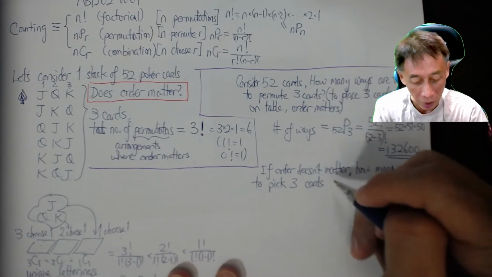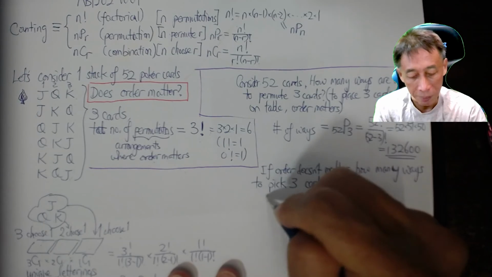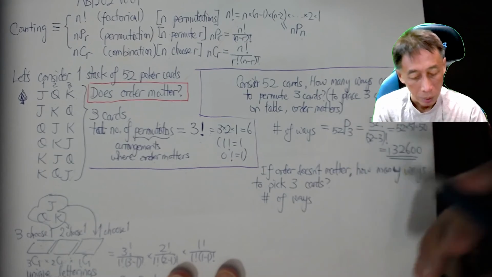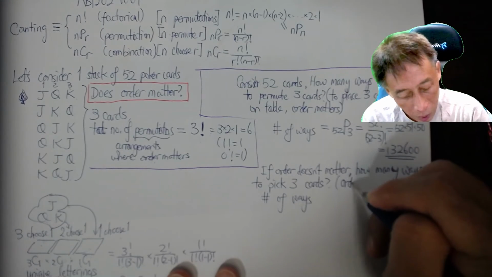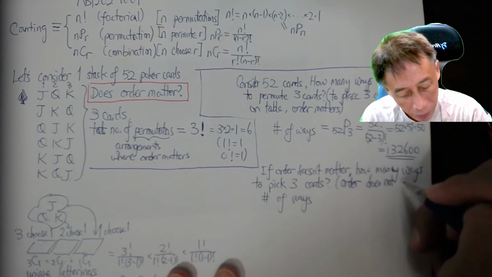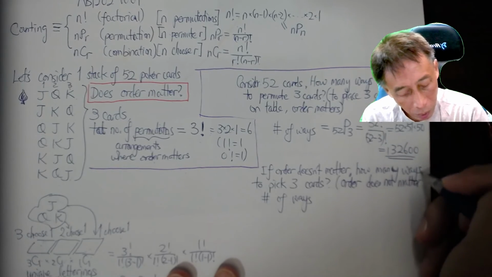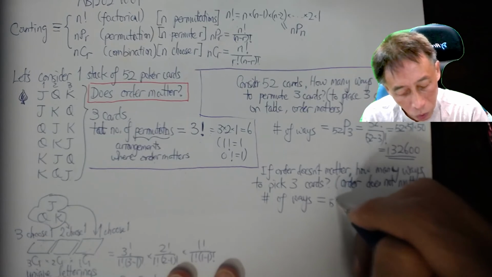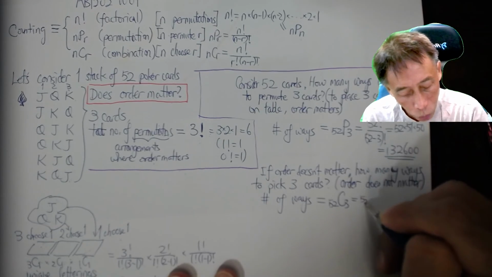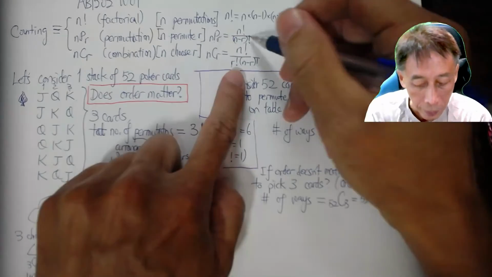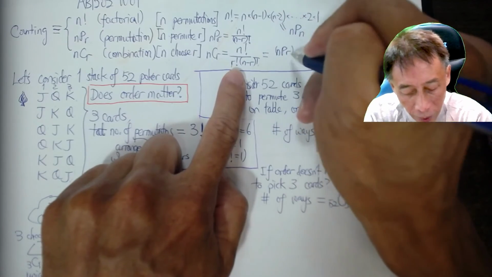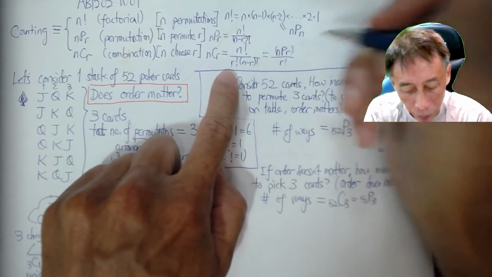How many ways to pick 3 cards? That's all, right? So order doesn't matter. Let's put that down since we're learning: order does not matter. So number of ways, 52C3, right? And that's just 52P3 divided by, so that's nPr, whatever you have there, divided by r factorial.